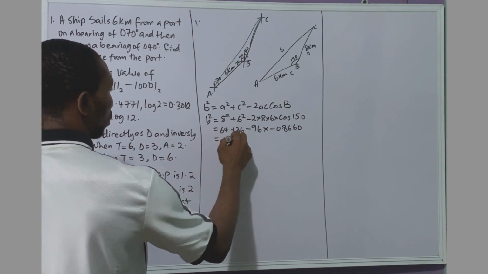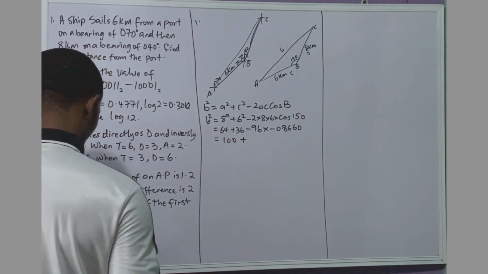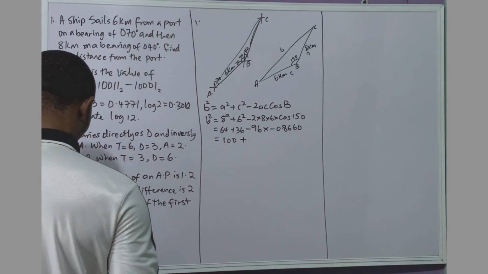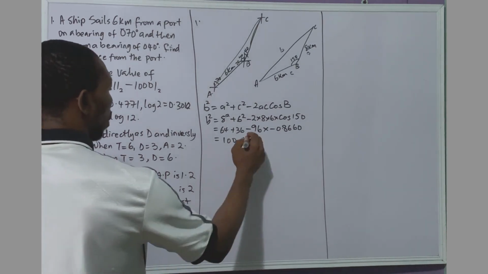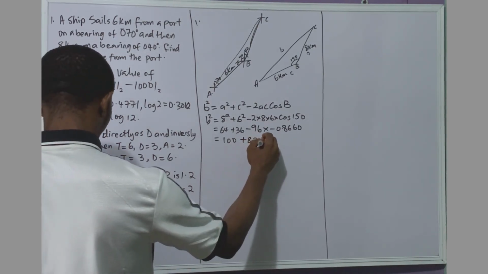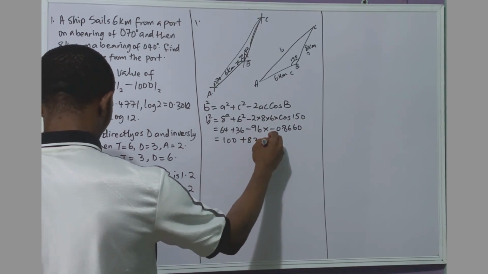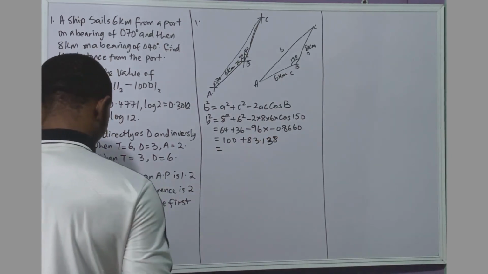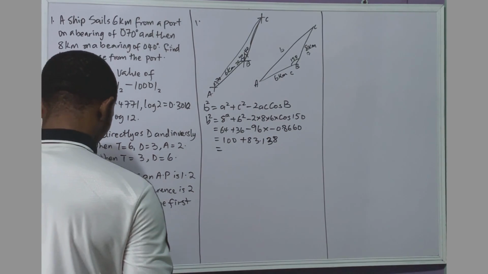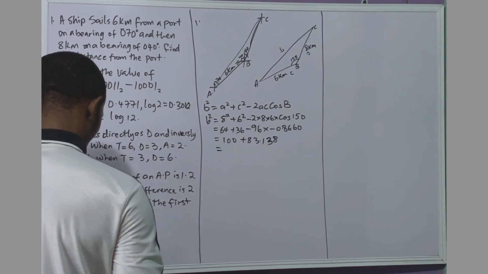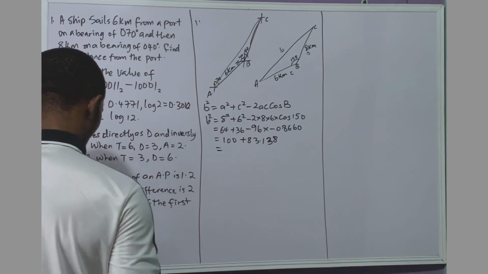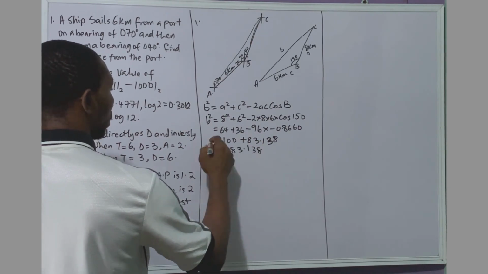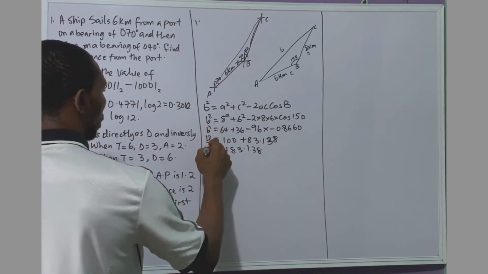This gives us 100 plus 83.138, that is 183.138. That's our b squared.